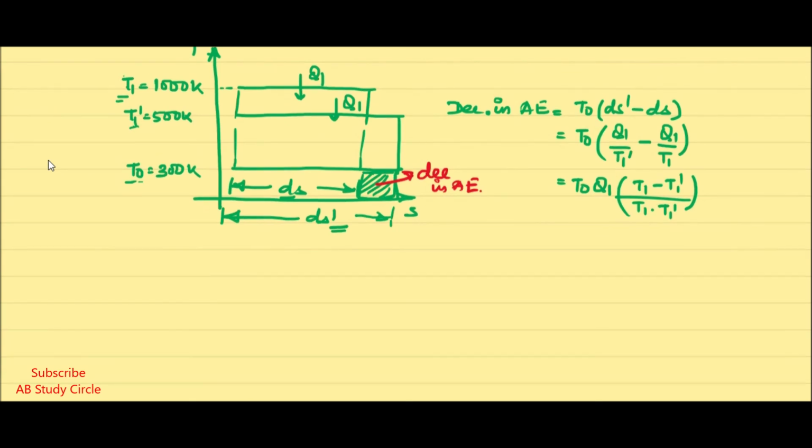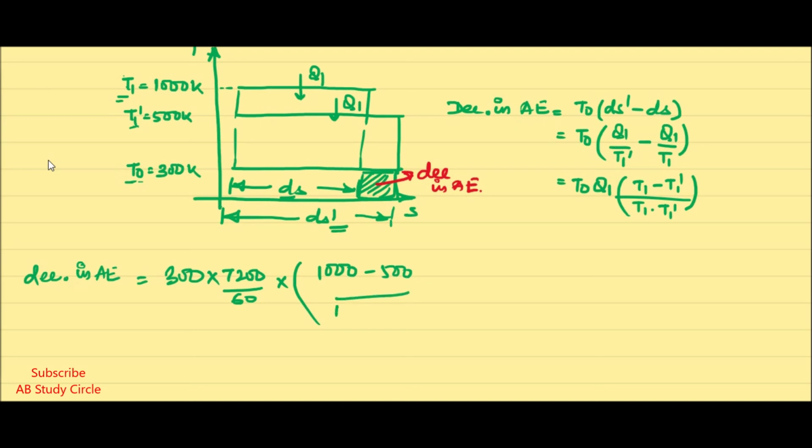Let's find out the final value by putting in the values. We have T0 as 300, so the decrease in available energy is 300 into Q1, which is 7200 by 60, that is 120, and T1 is 1000, T1 dash is 500.